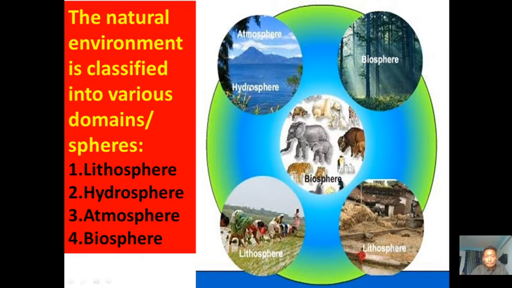So the natural environment is grouped into four main domains: lithosphere, hydrosphere, atmosphere and biosphere.